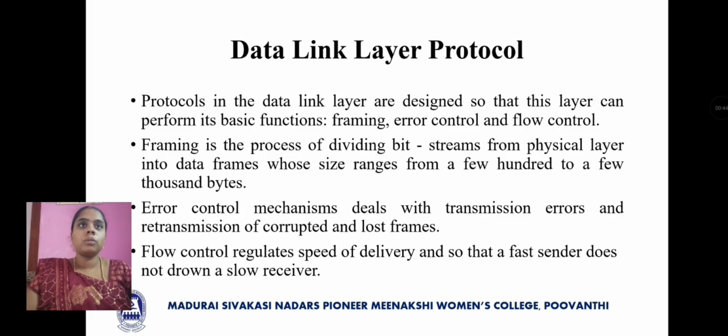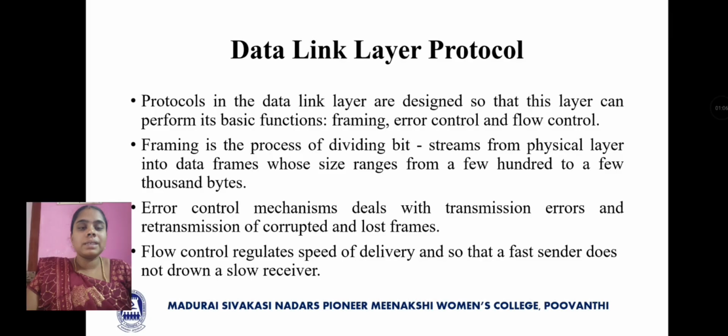Before moving on to the session, let's discuss why we need protocols and the overall process for data transmission in the data link layer. Protocols in the data link layer are designed to perform important functions such as framing, error control and flow control.